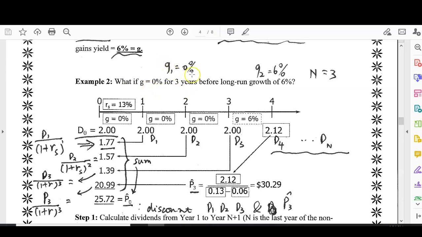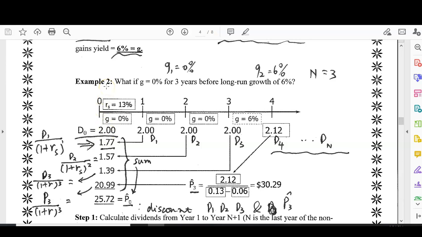So G1 becomes 0%. And our long-term growth rate in the second stage is 6%. So G2 is 6%. N is still 3 and R is still 13%. D0 is still $2.